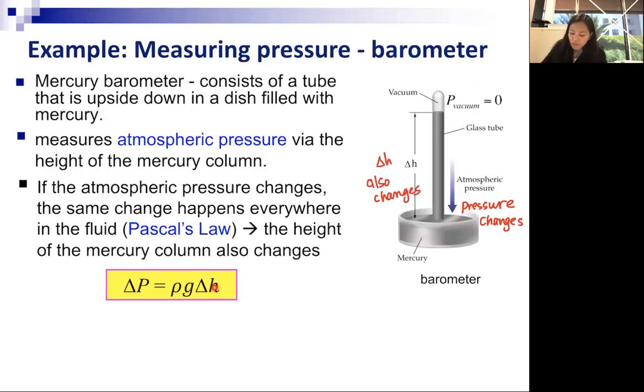And by measuring how much delta H is, the change in the height, the barometer is able to measure the change in the pressure of the atmosphere pushing down on the mercury in the container.